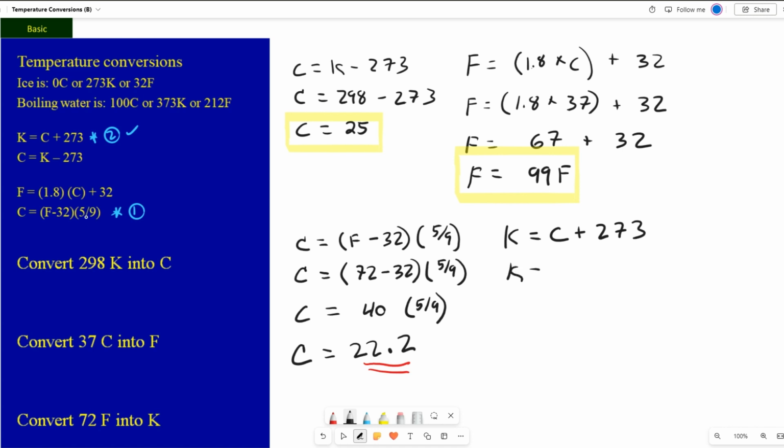So Kelvin is equal to 22.2 plus 273, and that'll give us an answer of Kelvin being equal to 295.2. And there you have it. That's how you would convert 72 degrees Fahrenheit into Kelvin. These were three examples of converting between Celsius, Kelvin, and Fahrenheit.